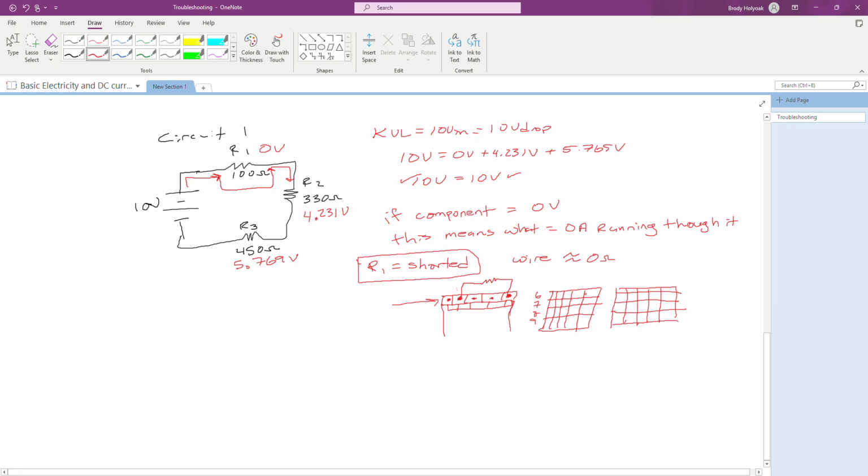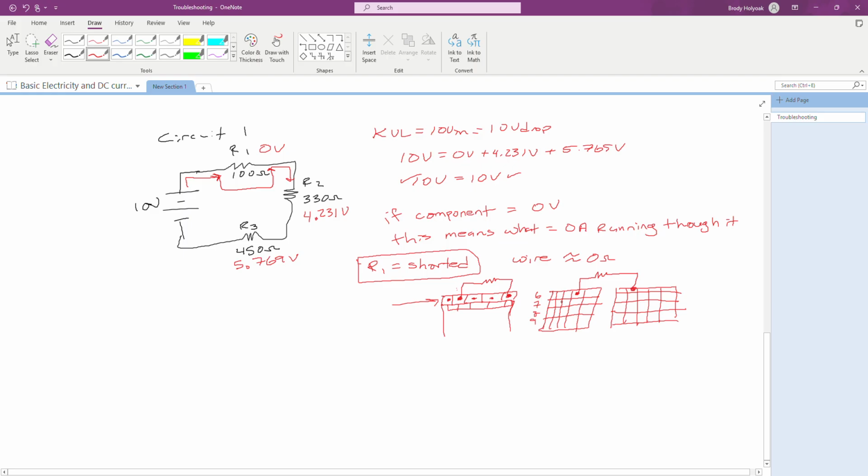So then all I need to do is take my resistor, come out of this connection, and move it over across that line, because we know that this breaks whatever connection there is. So generally, a 0 voltage signal on a single component is going to mean that that component is shorted somehow.